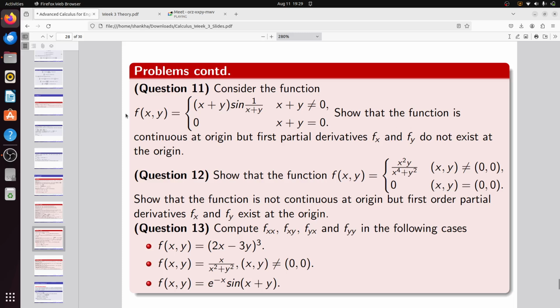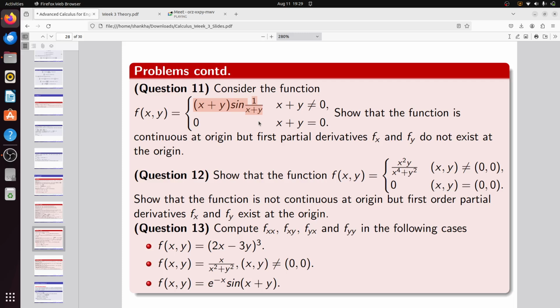How is it easy? If you take x plus y equal to r, so as x plus y or r tends to 0, x y comma tends to 0, and you get r into sin 1 by r. Sin 1 by r is a bounded function, and r tends to 0, so this function is actually continuous. Now for partial derivatives, they do not exist.